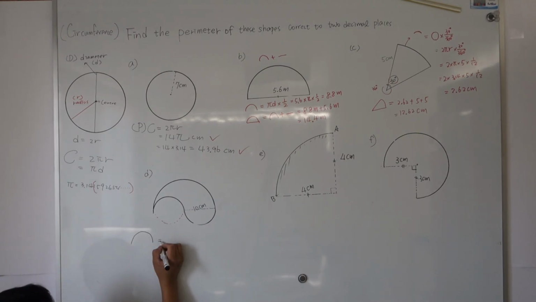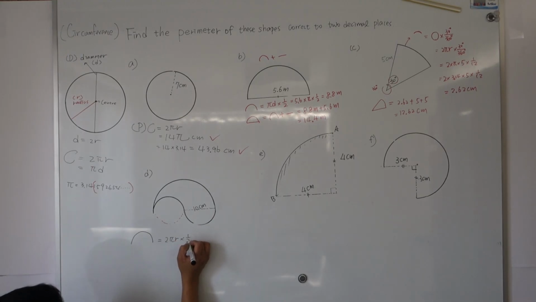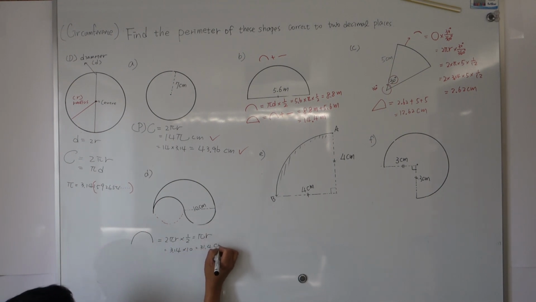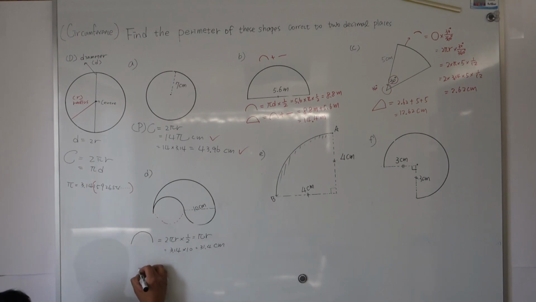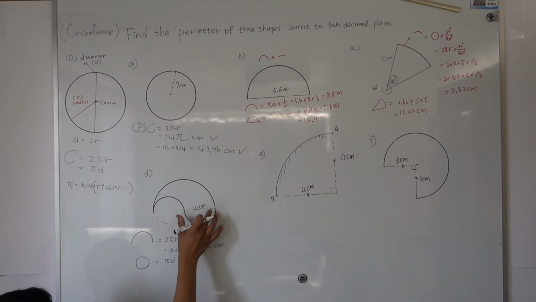The big circle perimeter equals what? 2 pi r times half, right? So equal to pi r. So equal to 3.14 times r, which is 10. So equal to 31.4 centimeter. And now we have a small circle, right? Small circle is the whole circumference, and you can just use pi d, right?